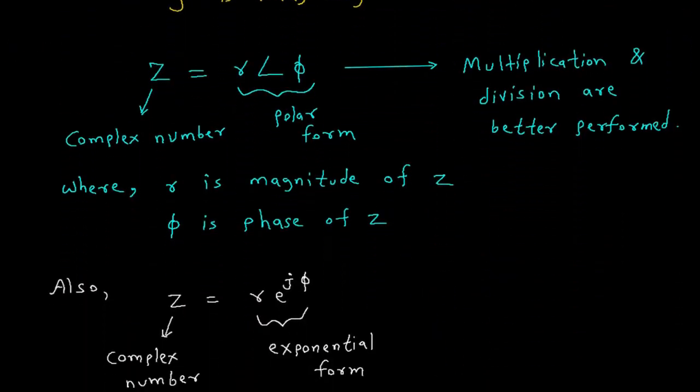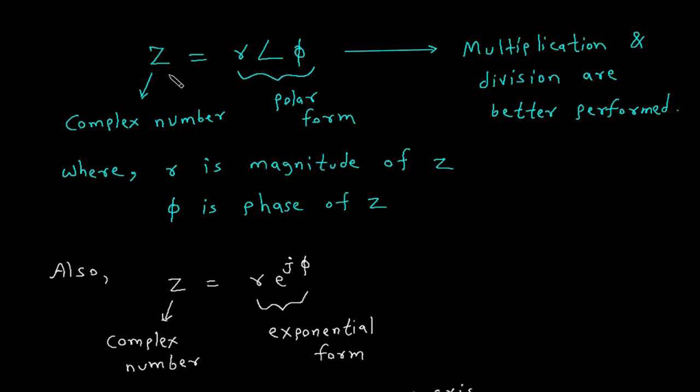Then next is polar form. So here we can see z is equal to r at an angle of phi, where z is again the complex number, r is the magnitude of z, and phi is the phase of z. Now whenever we have to perform multiplication or division, we convert the phasor into polar form, because multiplication and division are better performed in polar form.